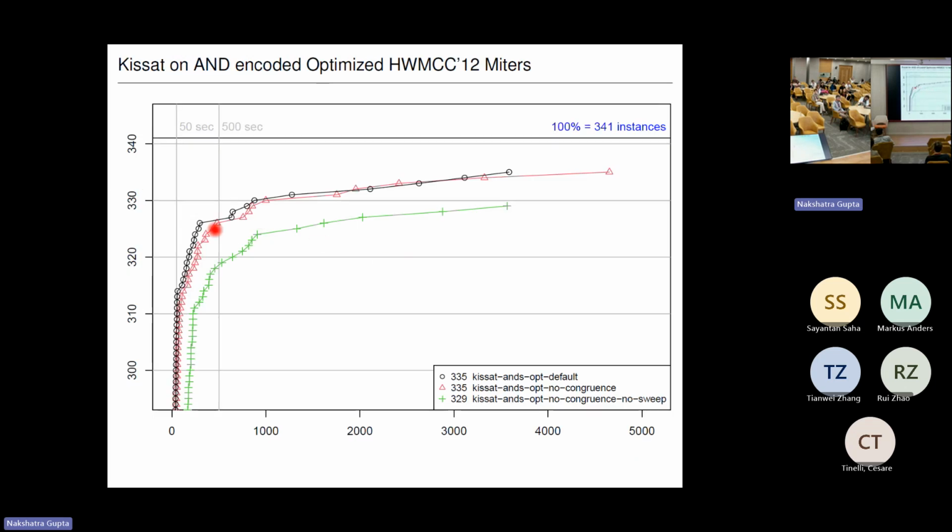You still gain something by using this congruence closure. And you also see that the sweeping is actually more important here because there's a bigger gap, right? But this is in the FMCAD paper. And the sweeping alone doesn't solve these, because it's enabled in the default version we saw on the previous plot, right? That it's not solving those isomorphic miters fast enough.